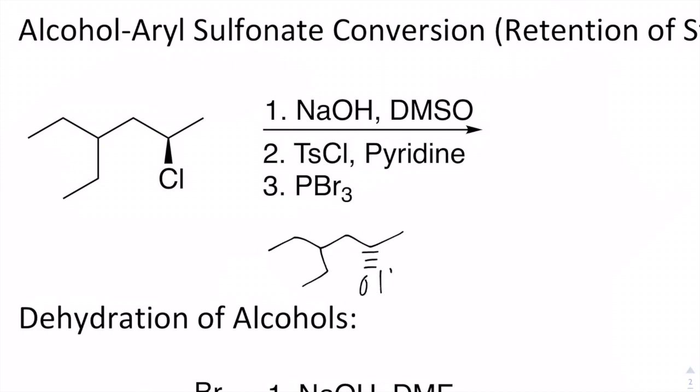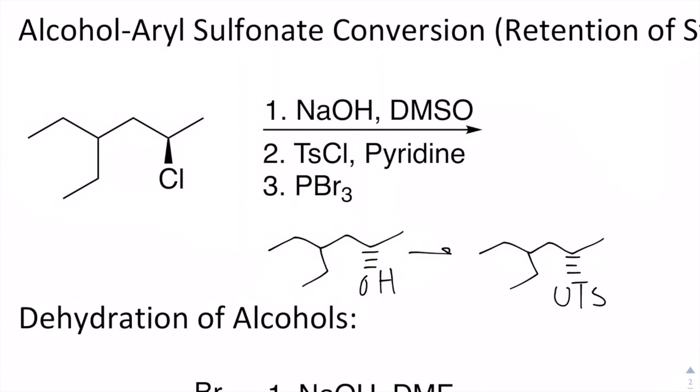So that hydroxyl group is going to be on a dash, and tosyl chloride and pyridine is the reagent that is responsible for converting that alcohol into an aryl sulfonate. You don't need to know the mechanism for this reaction, but you do need to know that we're going to retain the stereochemical configuration of that alcohol, so we would expect OTs. Okay, so that's the aryl sulfonate, shorthand notation, and that's the result of reacting with tosyl chloride and pyridine.